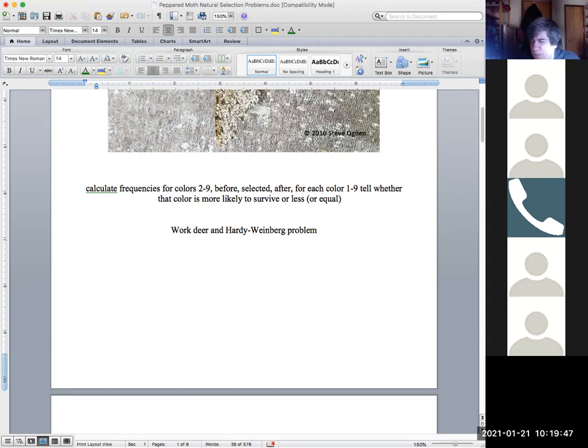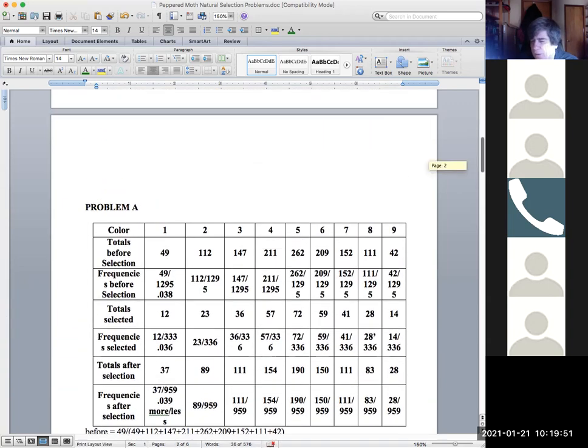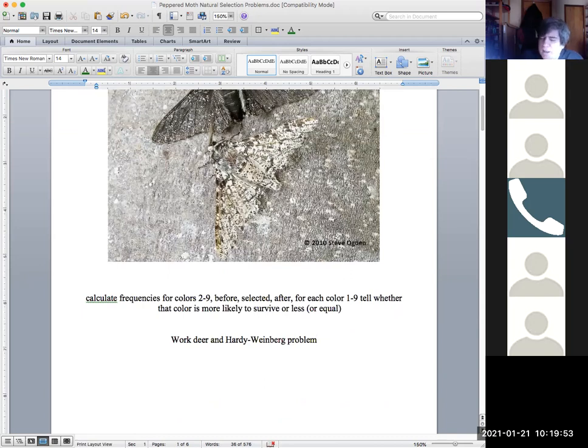So you're going to finish up this first problem, letter A, that we've started on. And you're going to go back to the other questions and work the next diagram, which is a picture of some deer. Basically for the other frequencies here, you're going to use the same method that we used for number 1.